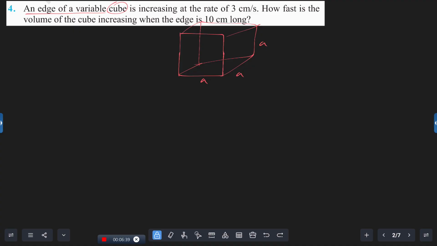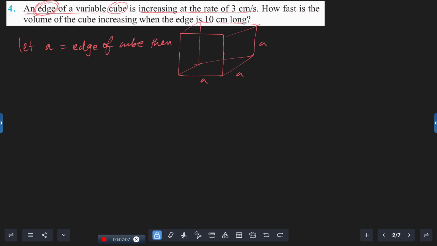The edge of the variable cube is increasing at the rate of 3 centimeter per second. What is increasing? The edge of the cube. The edge I have assumed as a. So let a equal the edge of the cube.